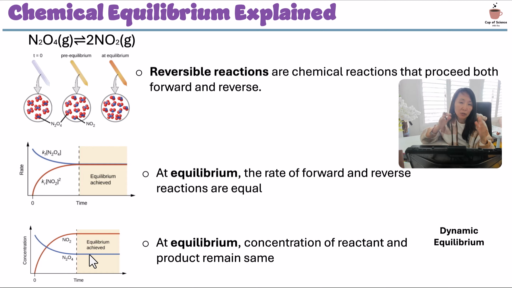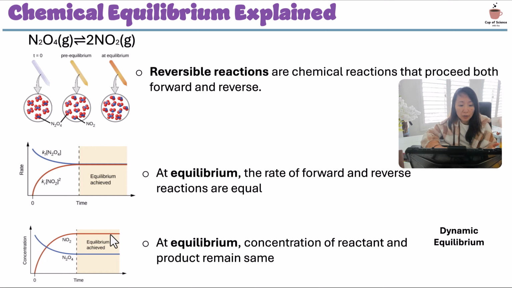It doesn't mean that the reaction has completely stopped at equilibrium. What it means is that one is going in the forward direction, and now it's reversing back in the reverse direction. So we say at equilibrium, it is not static, but rather a dynamic equilibrium.